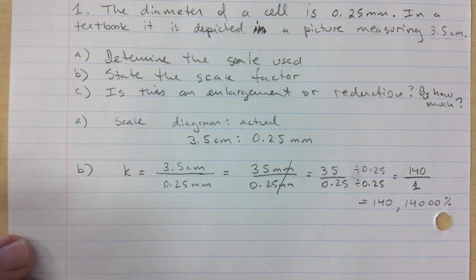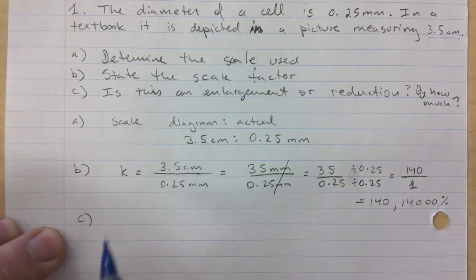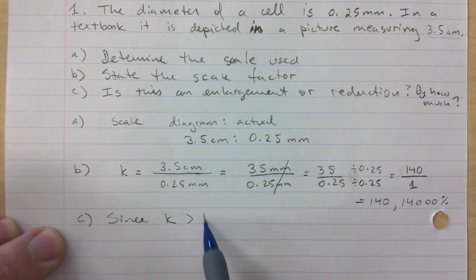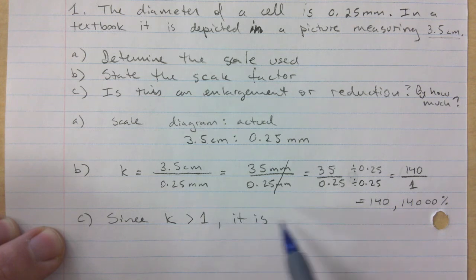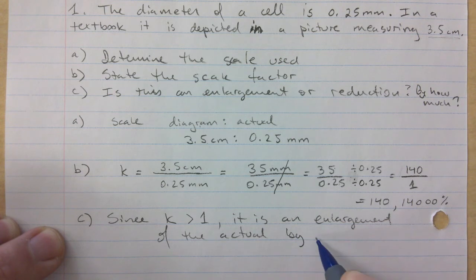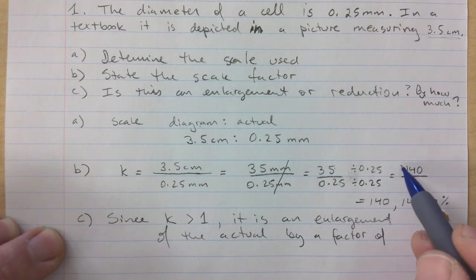So what happened here for C? Is this an enlargement or reduction? Well, since K is definitely greater than 1, it is an enlargement of the actual by a factor of, and here you just grab in this case the 140.